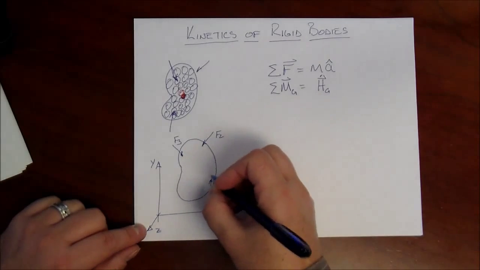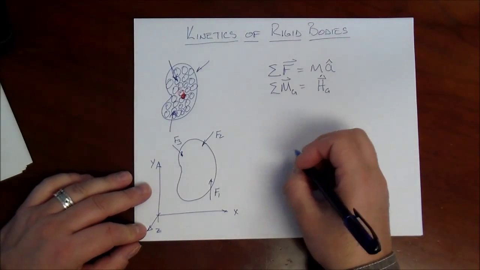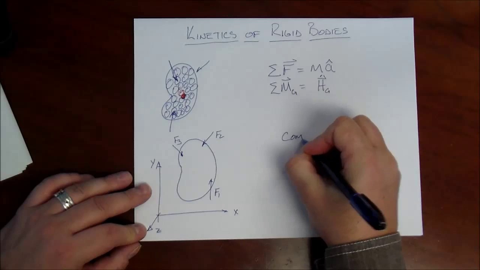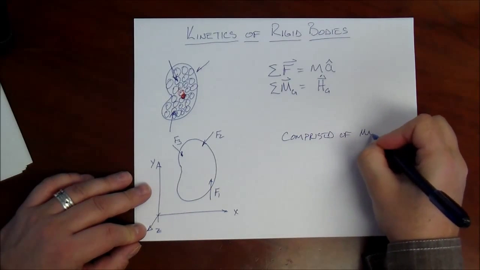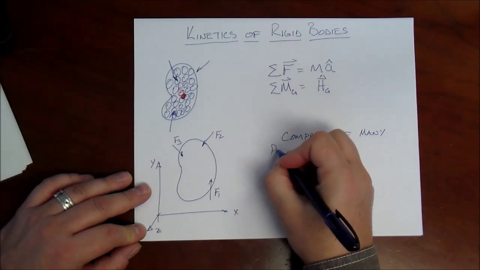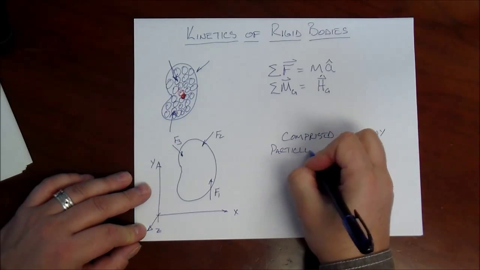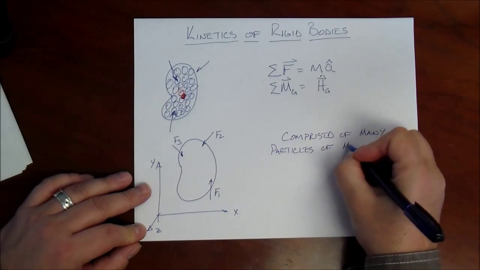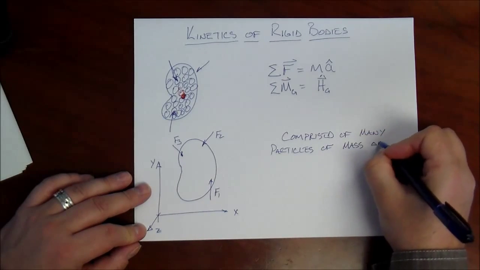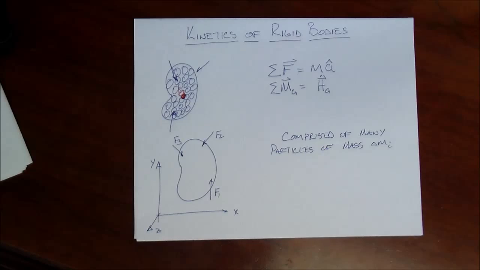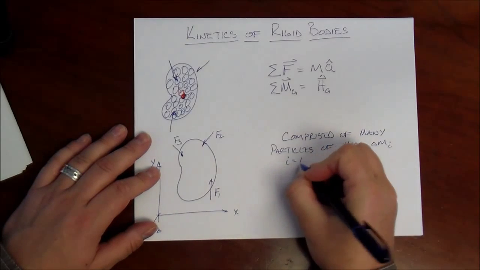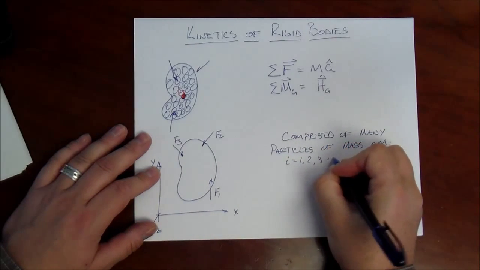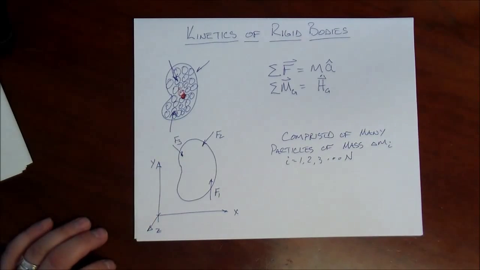And we can also imagine that this rigid body is comprised of many particles, each particle having a mass of delta m sub i, where i is 1, 2, 3, up to whatever the number of particles may be.